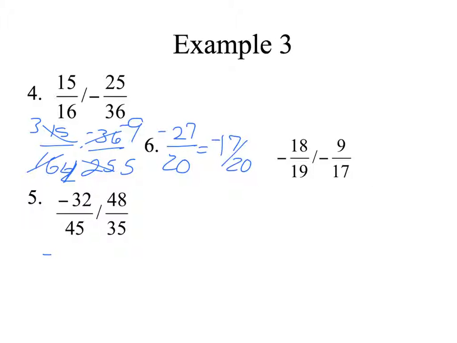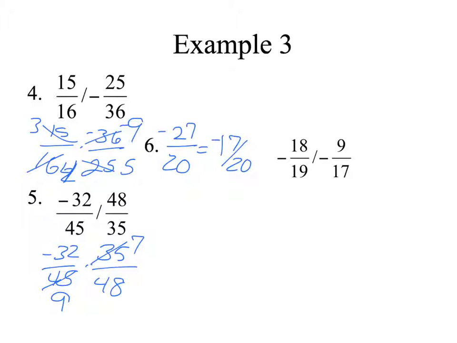Number 5, negative 32 over 45 times 35 over 48. The 45 and the 35 will both divide by 5. That will give me 7 and 9. The 32 and the 48 will actually both divide.